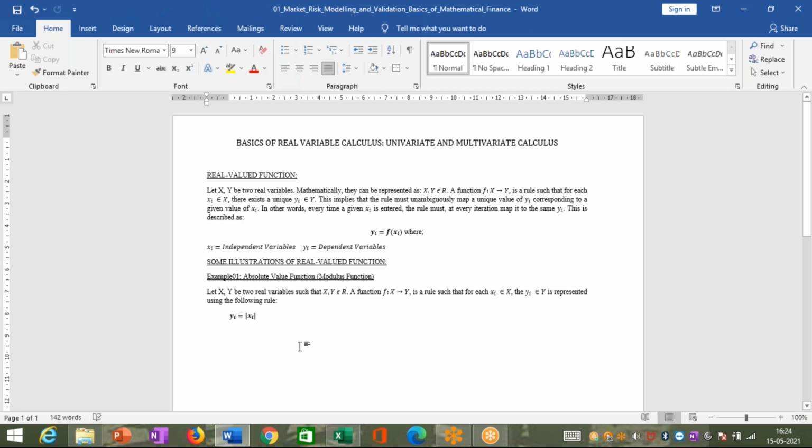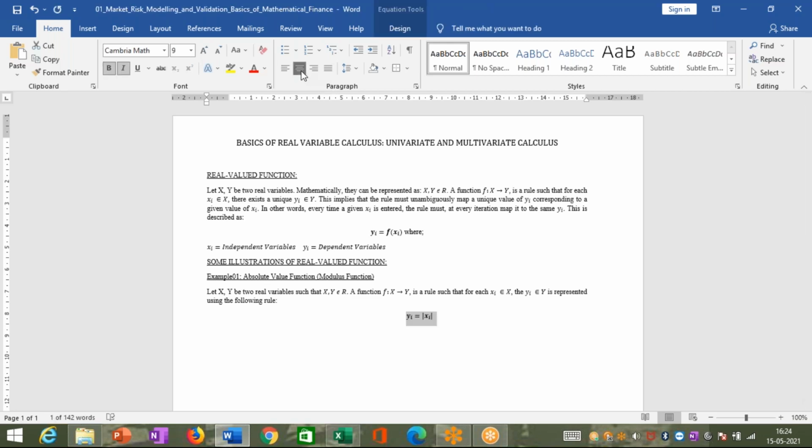Okay, so this is yi is equal to mod of xi, where xi is the independent variable and yi is the dependent variable.